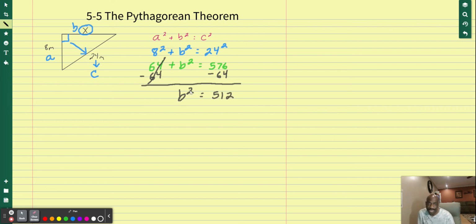So some number to the second power is 512. So how do we solve that last part? Square root here, square root here. Whatever I do to one side, I do to the other side. And the square root and the square cancels each other out, leaving me with b equals plus and minus, positive and negative 22.6.